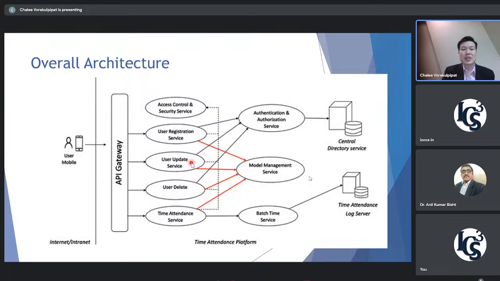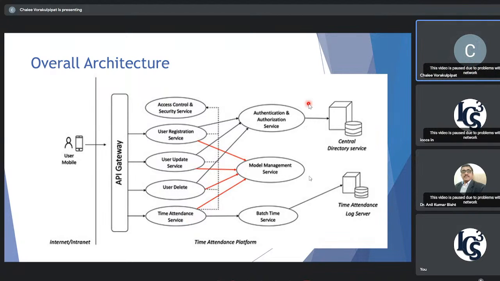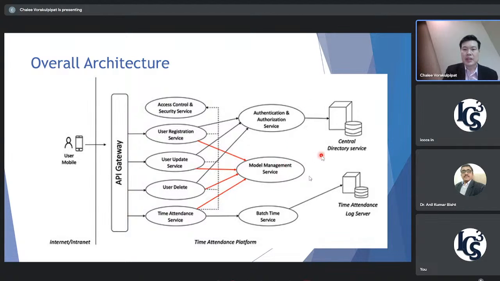For example, if we use the system for more than 5 years and our face might change a little bit, we are eligible to change it. We can also delete it and upload again. And also the service to record the time. All right, and we have a database as well.